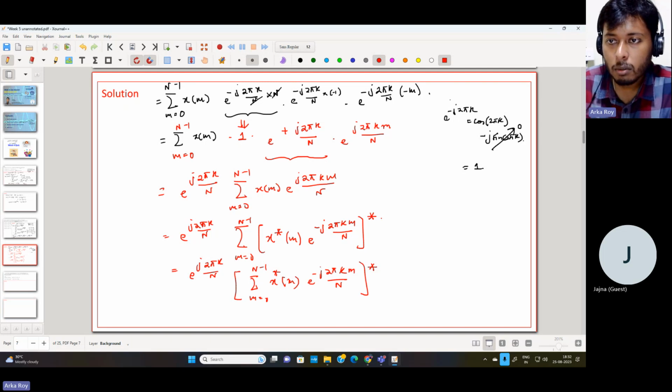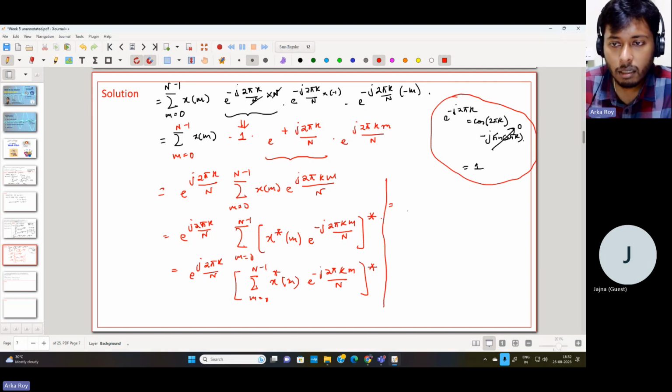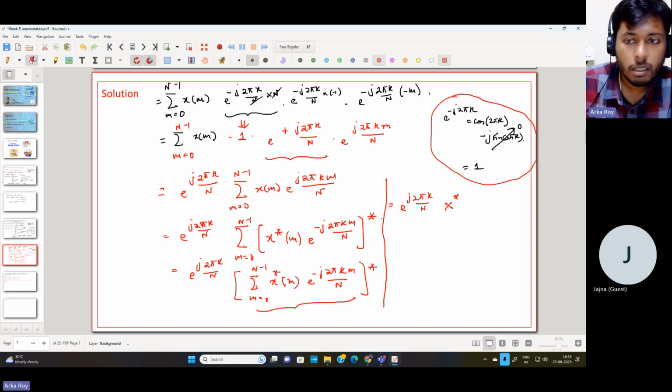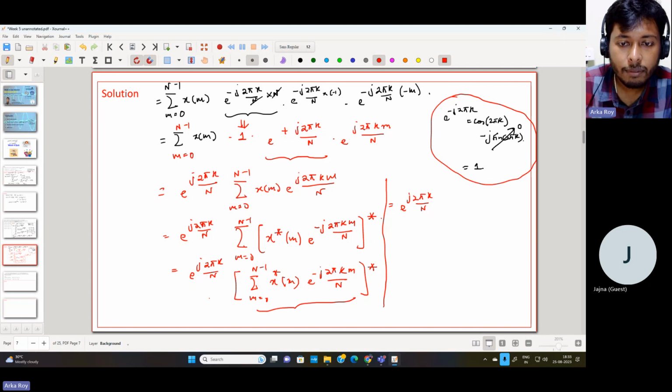So this part is just for illustration, and then I can start over here again. So e to the power j 2 pi k divided by n. This is the DFT of x star. It will be small x, because the DFT is taken on the time domain signal, which is small x of m.